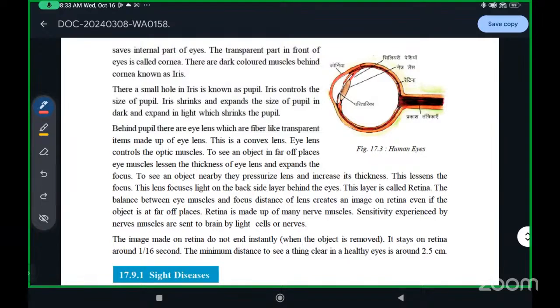And there's LASIK surgery. It's a massive surgery. Yes, ma'am. LASIK, laser assisted surgery. With the help of laser, a lot of eye conditions are treated.